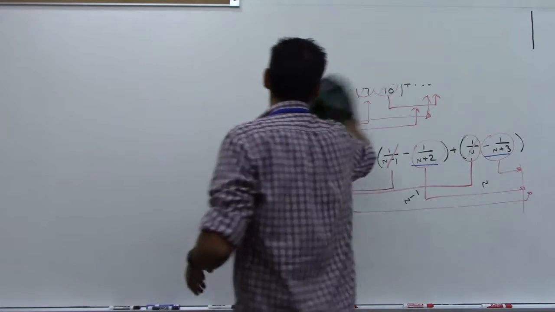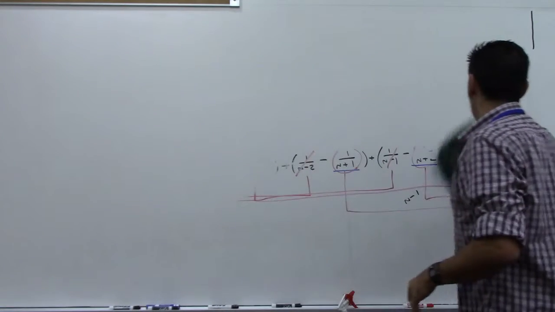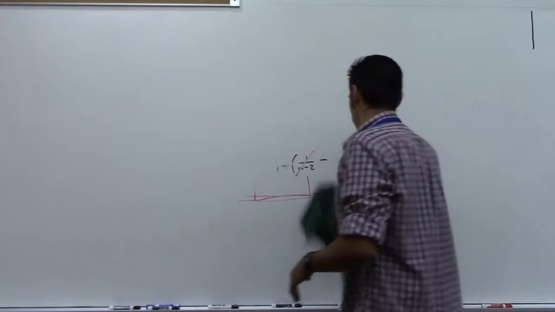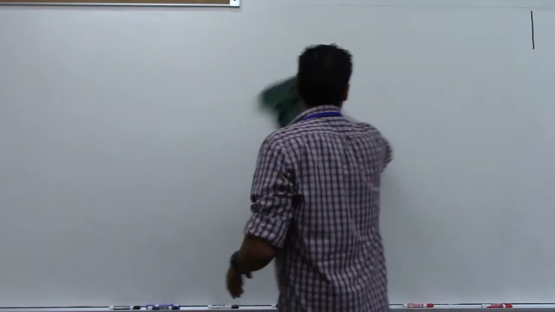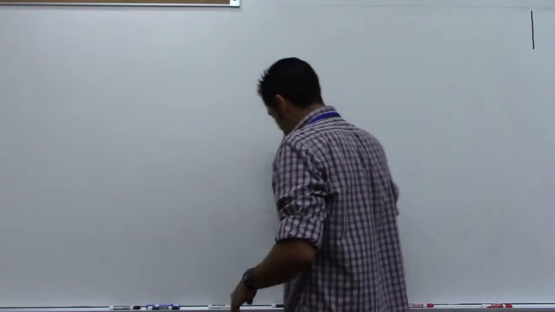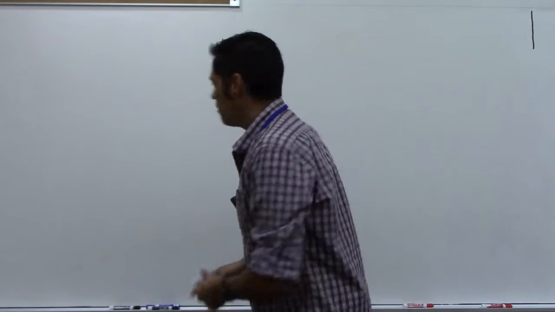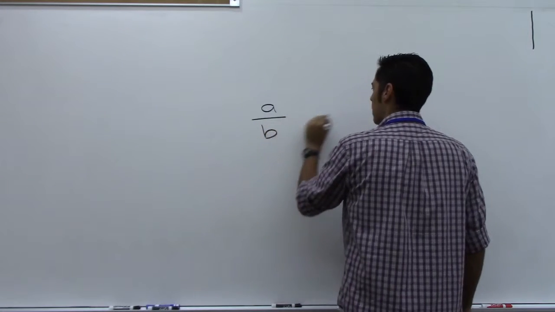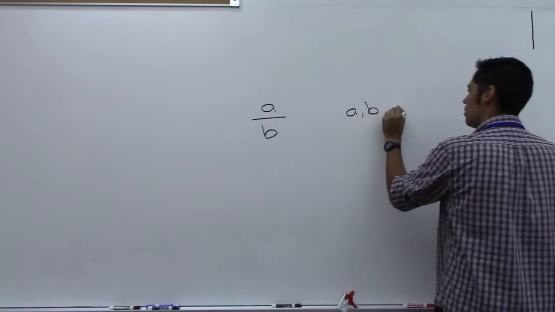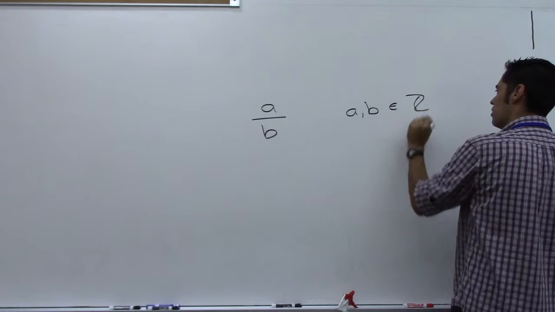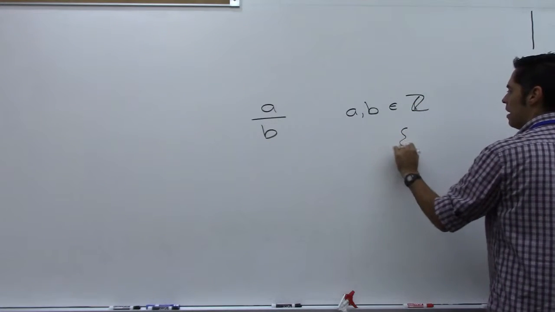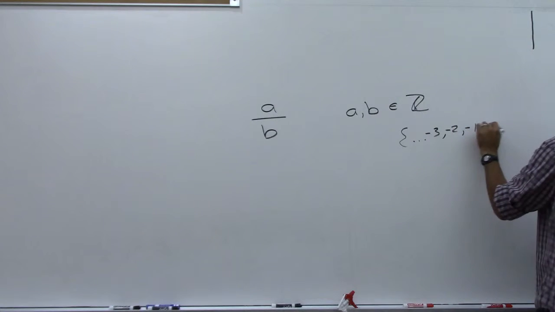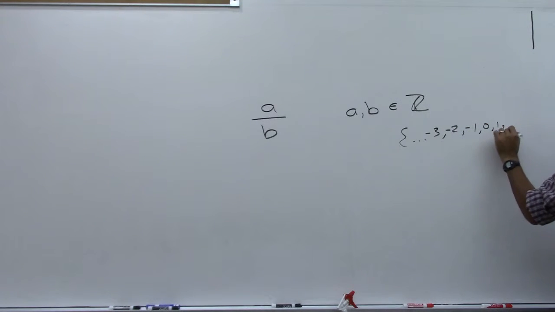When you look at the real numbers, if you write down any fraction, doesn't matter what it is, a over b, and here I'm saying a and b are elements of the integers, like -3, -2, -1, 0, 1, 2, 3.